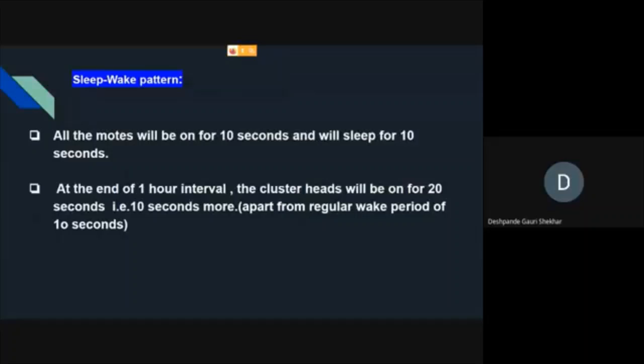That means 10 seconds more apart from the regular wake period of 10 seconds. So our entire network is going to be awake for 10 seconds and it will sleep for the next 10 seconds. This will also be helpful in the querying mechanism. That part will be explained later.